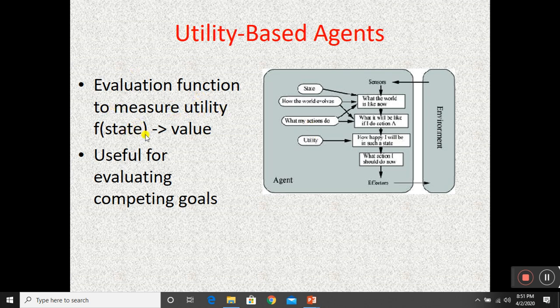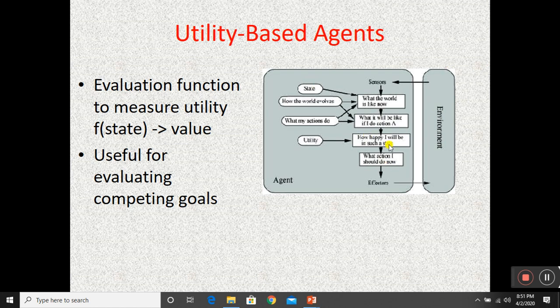Utility means satisfaction level, useful for evaluating competing goals. Here we have environment, we are sensing. Here we actually have to tell about the satisfaction level of the system, or could be any customer.